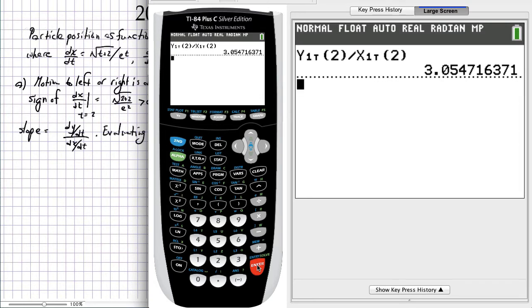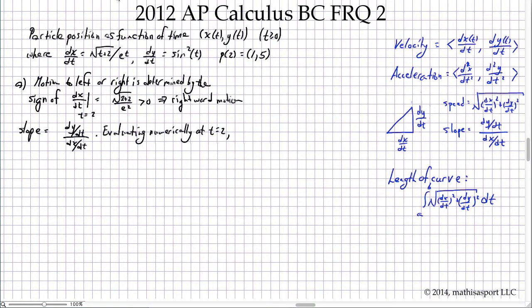There's my answer, 3.0547. I'll just say slope is approximately 3.0547. There are no units, so I'm not worried about that.